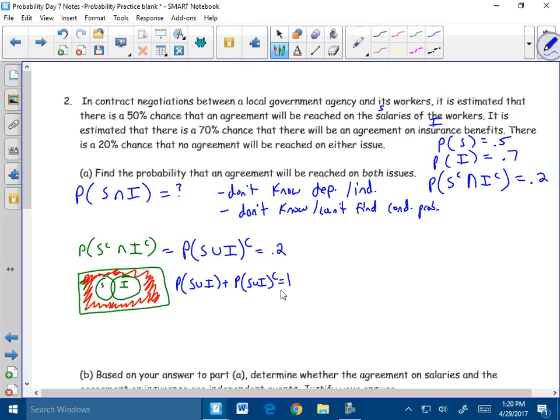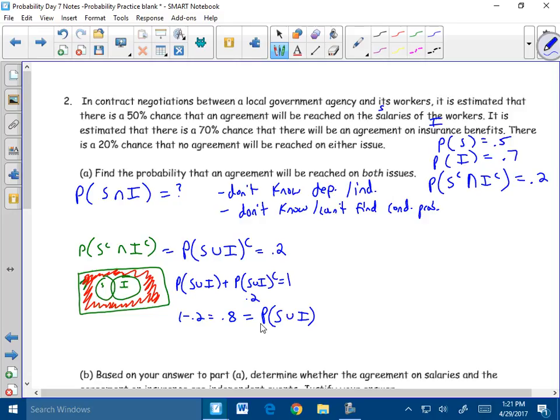So I can then figure out, if I know that this is 0.2, 1 minus 0.2 is equal to 0.8. So that 0.8, that's what the probability of S or I, S union I, is going to be equal to. So I'm using my complement probability trick there. So now I know another piece of information.